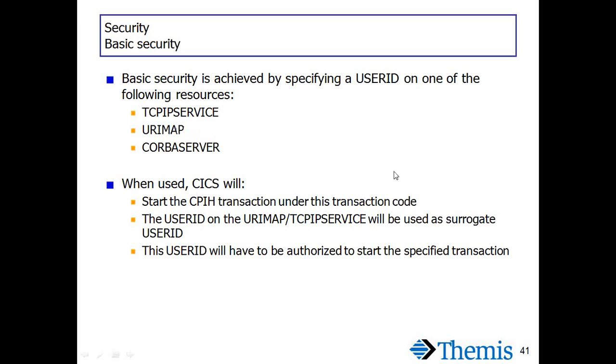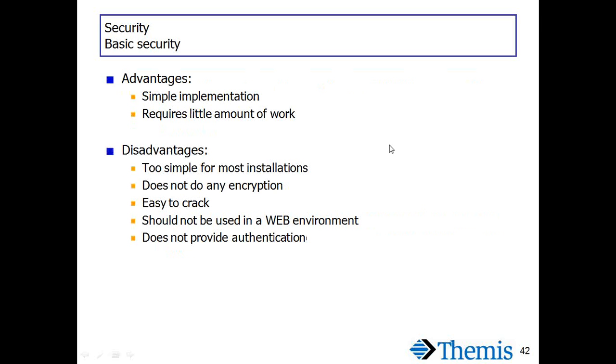Simple implementation, very little work. Probably too simple, right? Easy to crack because I'm overriding security definitions. It depends on what you're doing. Totally inside the corporation may be acceptable. Nothing coming from the web, but within the corporate firewalls in your server farm might be acceptable.